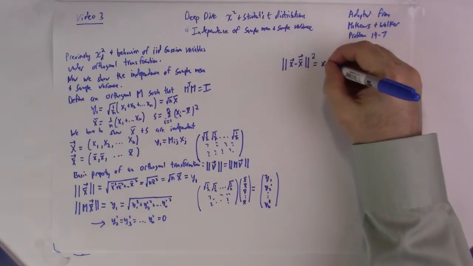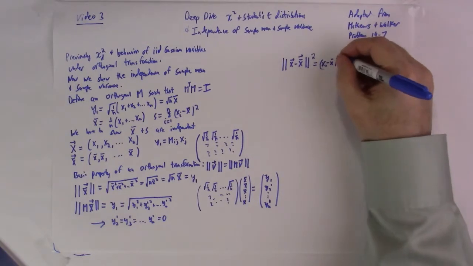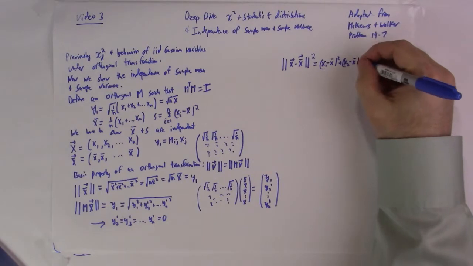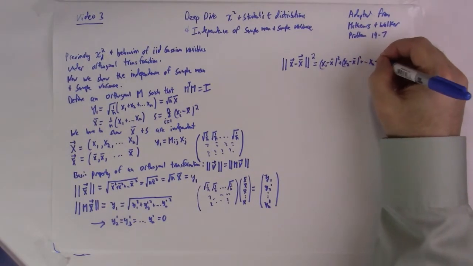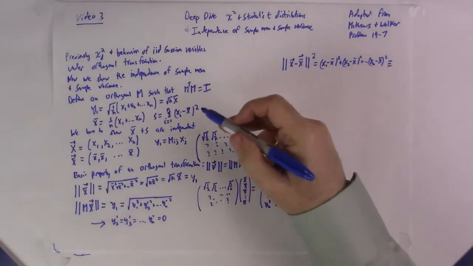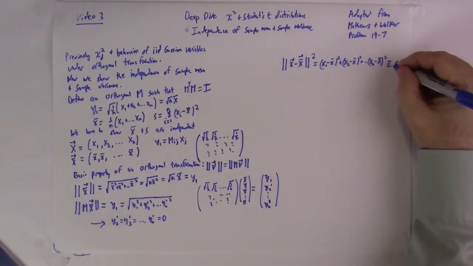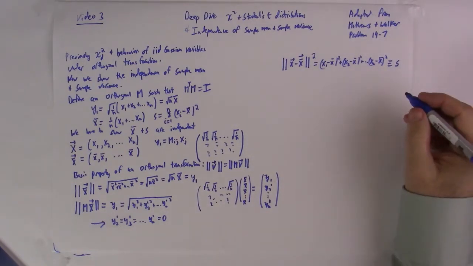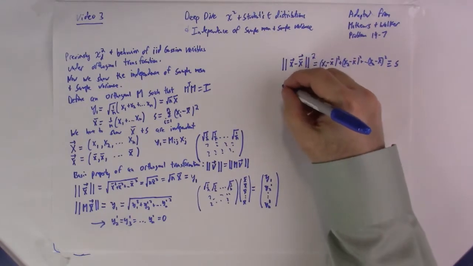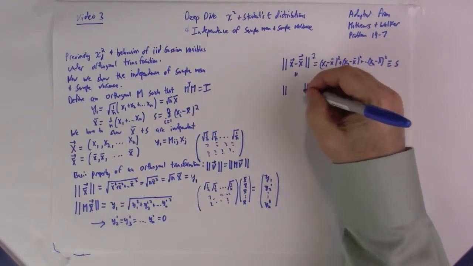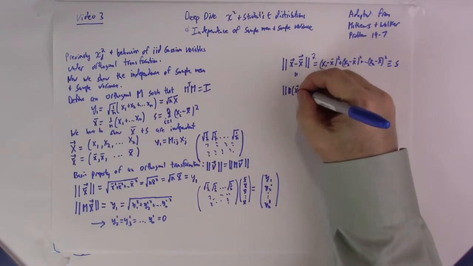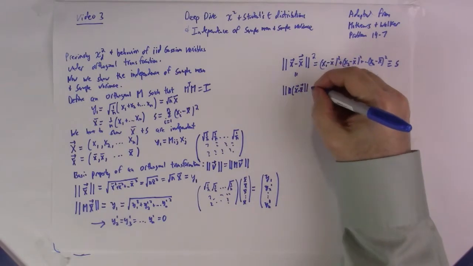So this is x1 minus x bar squared plus x2 minus x bar squared, up to xn minus x bar squared. And this is what we've defined as the sample variance, s. So we have that. Now this has to be equal to the norm of m times that, squared.